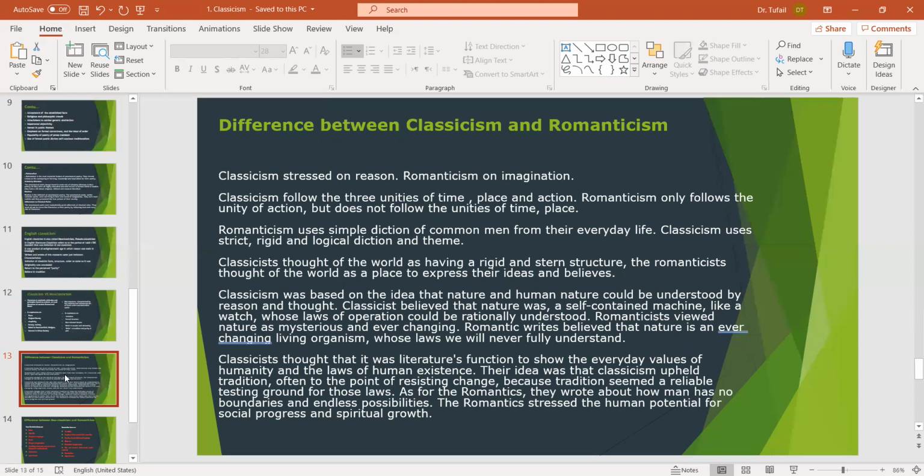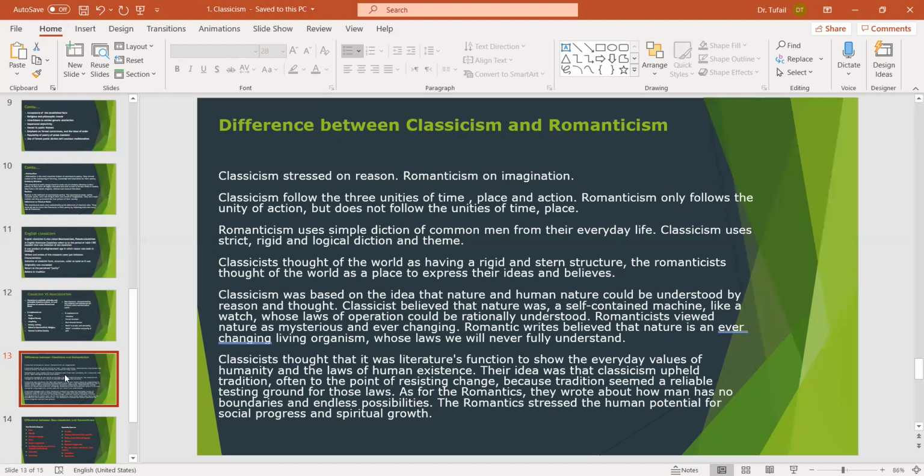Classicists believed in a limited use of imagination, and the romantics talked about excessive use of imagination. They talked about mind. Experience was everything for a classicist writer, but experiment was important for the romantics.